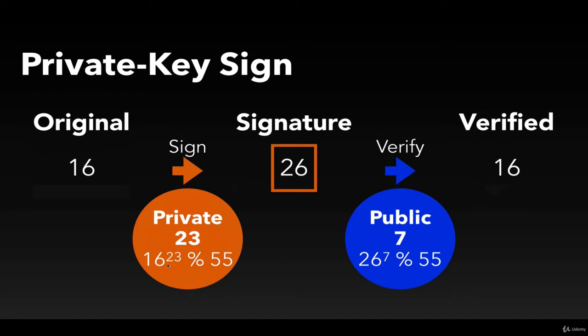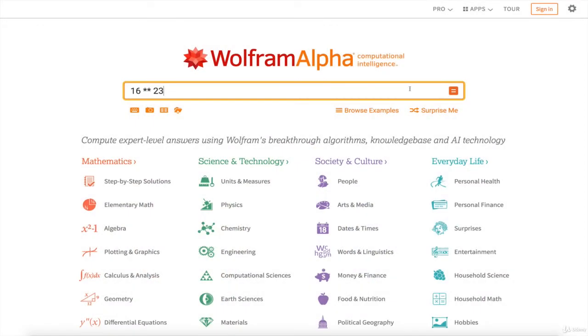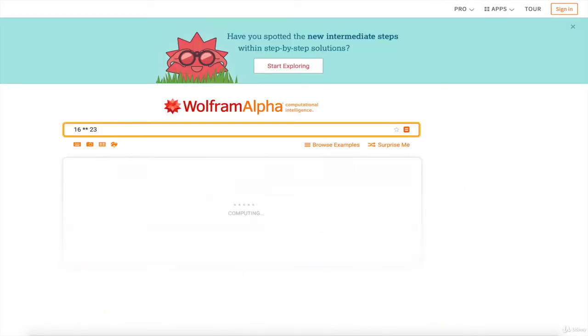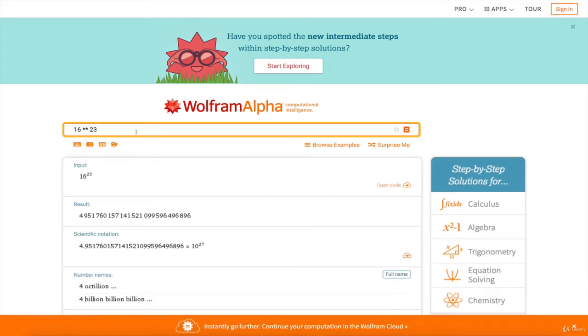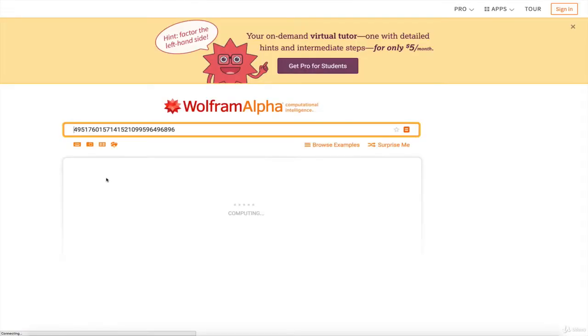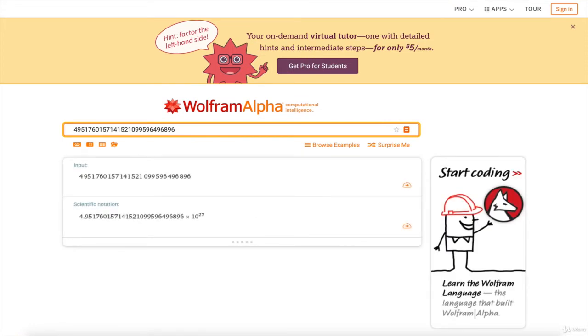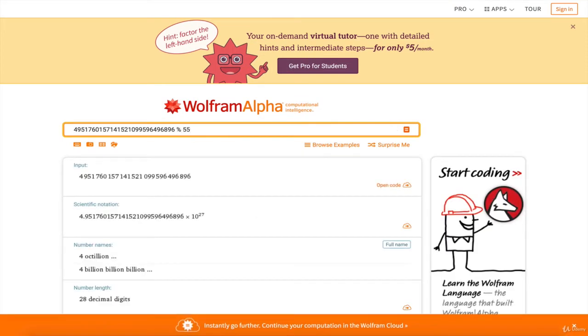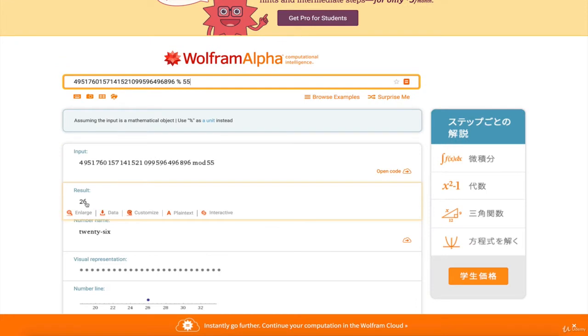If I take 16 and raise it to the 23rd power, mod 55. I'm using Wolfram Alpha to make this easier. 16 to the 23rd gives us this massive number, and then I mod 55. Your output is 26, and that is Colt's digital signature.